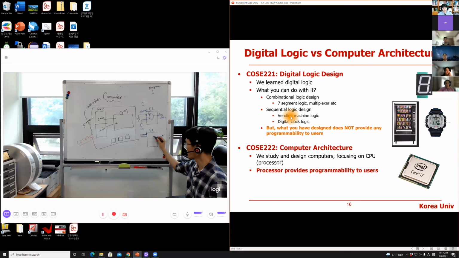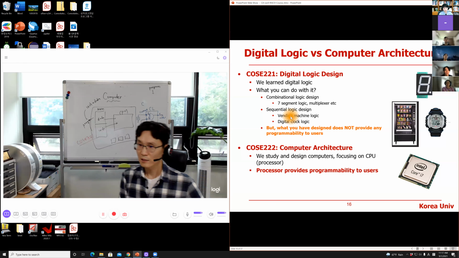It is supposed to have some hardware component that remembers the past input. That is called a flip-flop. A flip-flop remembers the past input, so the output is determined based on the current input and the past input. The data is stored; you can think of it as a memory component that memorizes the past input. That is sequential logic.